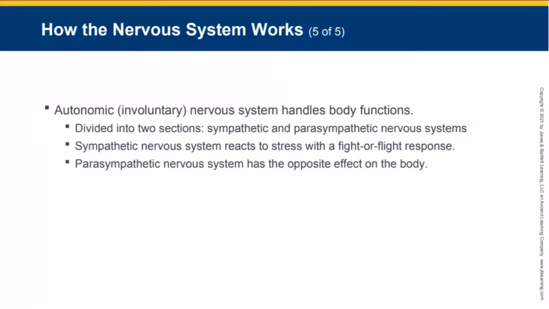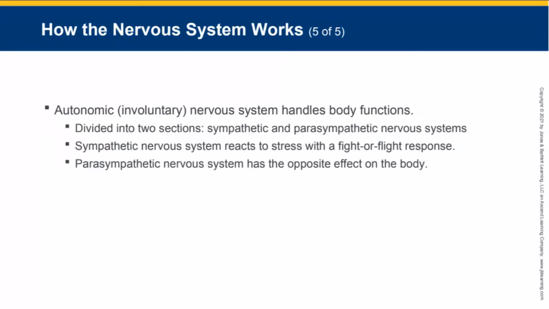Right? So you need to ensure that you understand the breakdown. So the central nervous system consists of the brain and the spinal cord. The central nervous system then breaks down into the peripheral nerves and the spinal nerves. That is your peripheral nervous system.